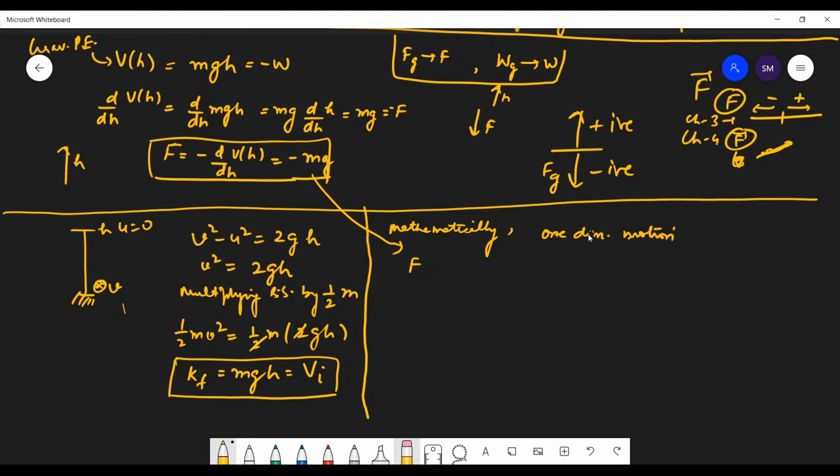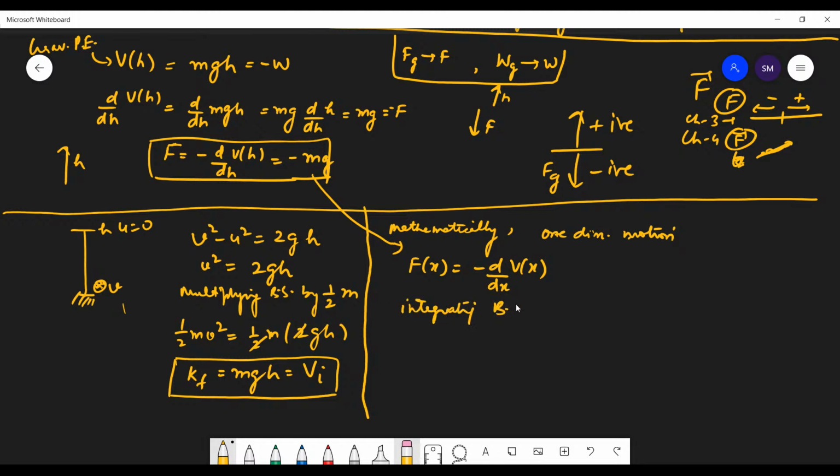Means general case I am taking here. So instead of F(h), I will be taking F(x) is equals to minus dV by dx. Now I will be integrating both sides.